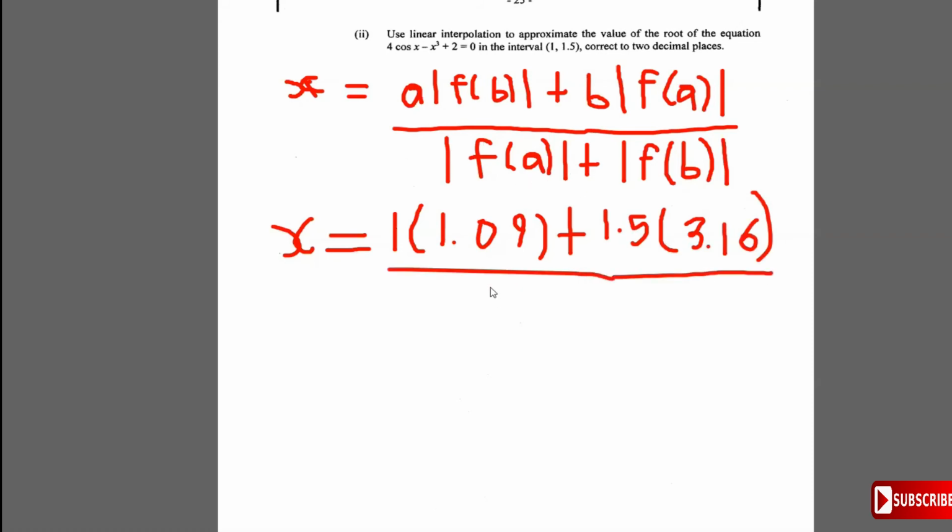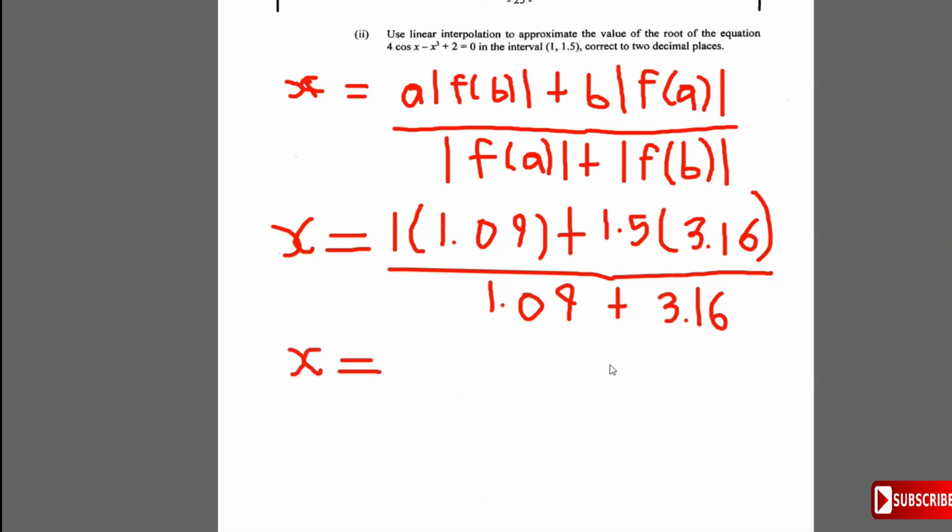So it's over 1.09 plus 3.16. So you add these two together to get what is x. That will give you your answer.